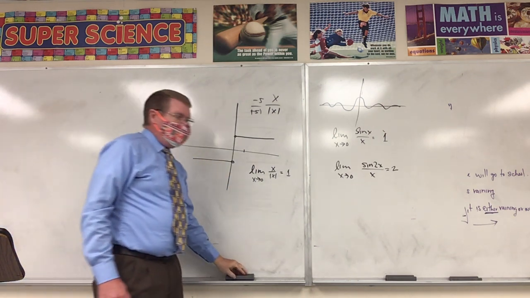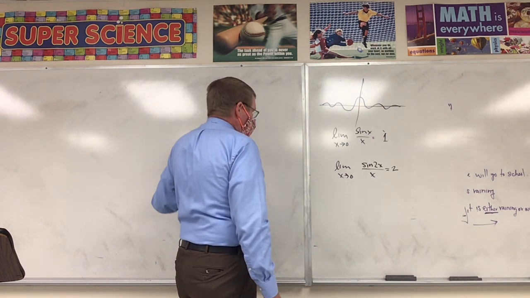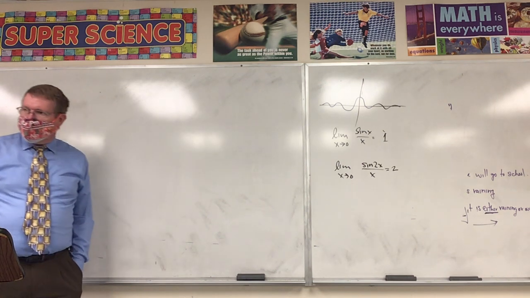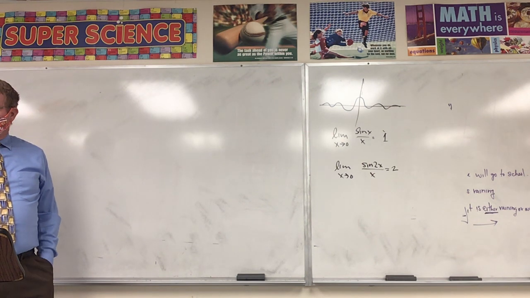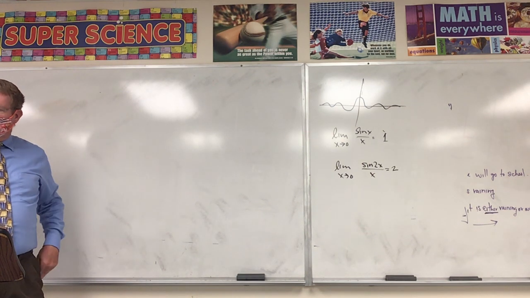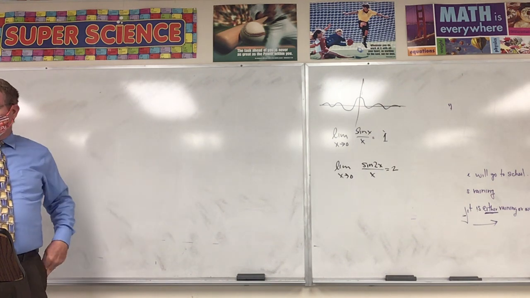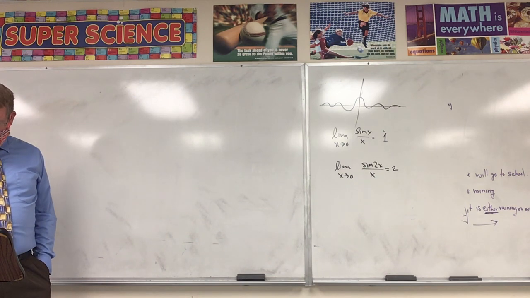But wouldn't it be stretched out versus squished? It also squished it, yeah. But we're not just talking about the sine x, we're talking about the x on the bottom as well. That's what makes the difference.